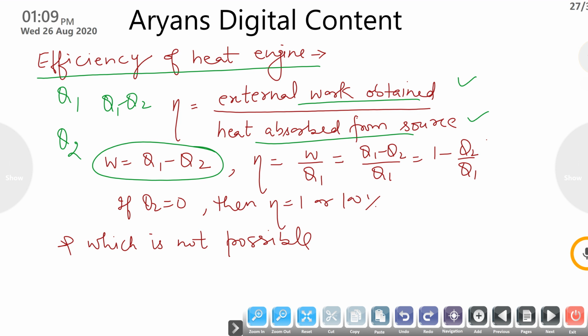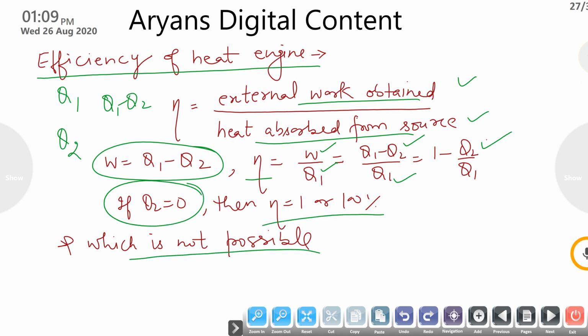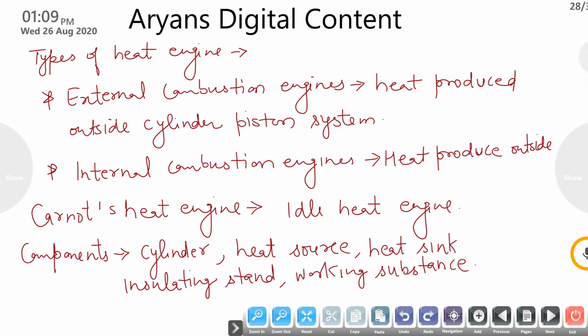Now I simply put these values. Efficiency is equal to work done over Q1, and this comes out from this relation. As we know, Q2 cannot be 0. If Q2 is 0, then efficiency is 100%, but it is not possible because there must be some leakage of energy which is given to the sink. So efficiency cannot be 100%.